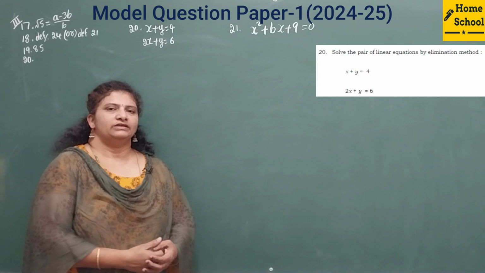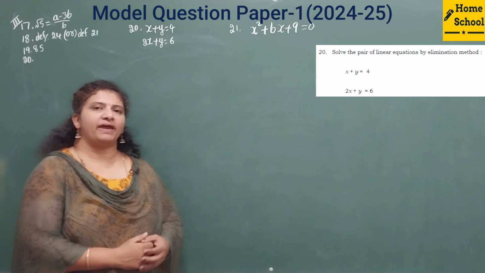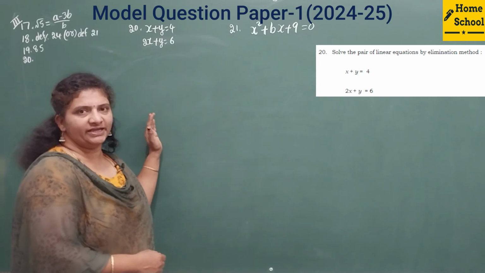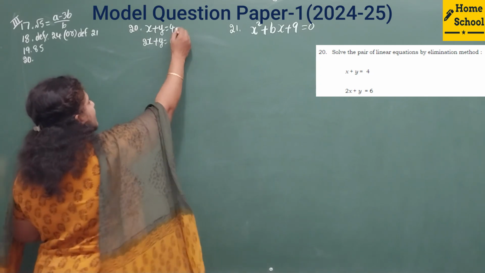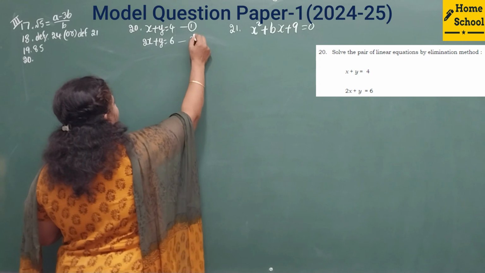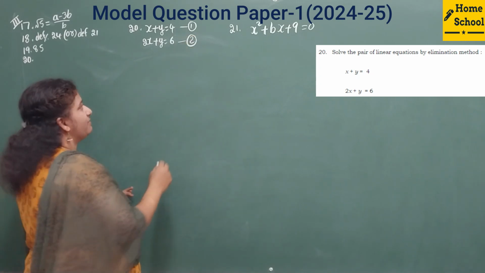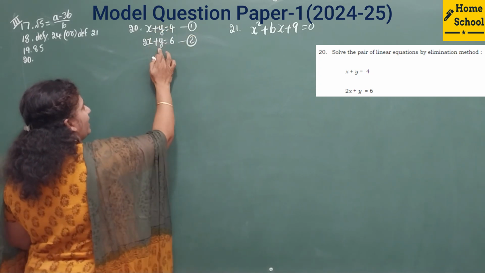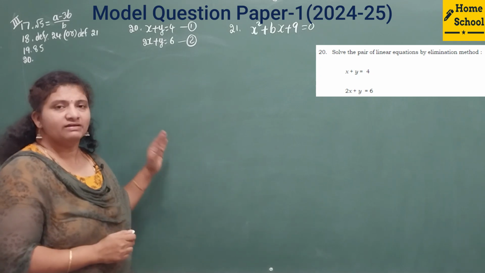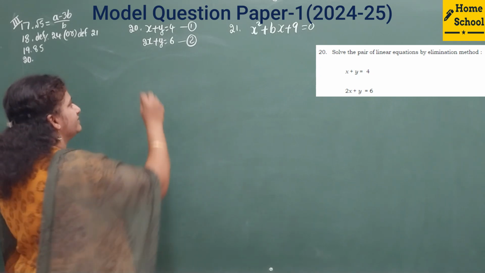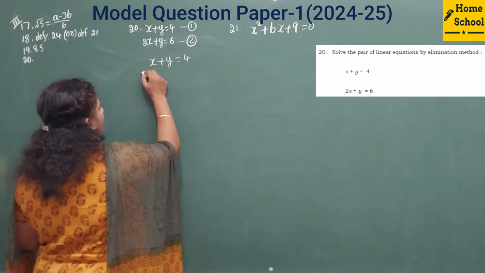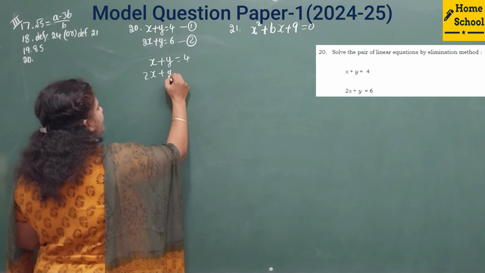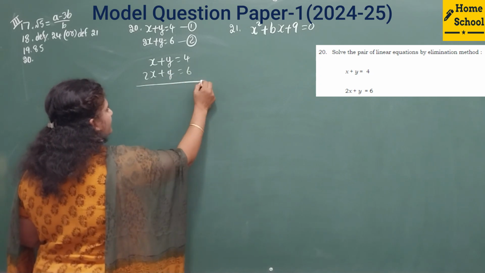85. 20th problem. Solve the pair of linear equations by elimination method. You can see the two equations. Mark this as 1 and 2. Solve by elimination method. Observe what you have. Directly you can subtract the two equations. x plus y is equal to 4, 2x plus y is equal to 6.